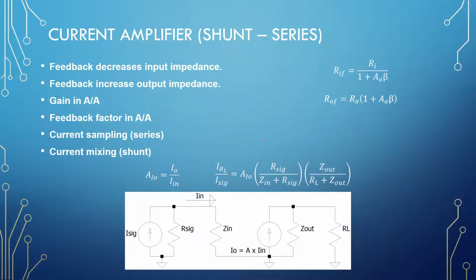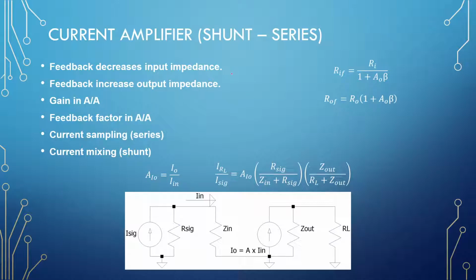Current amplifiers need to have a very small input impedance and a very large output impedance. So we have a decrease at the input, and an increase at the output. There's not much to remember about these equations.